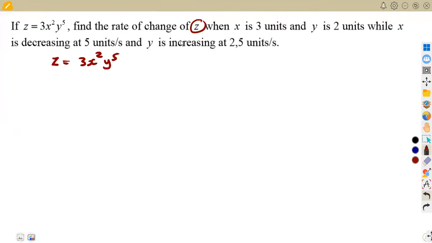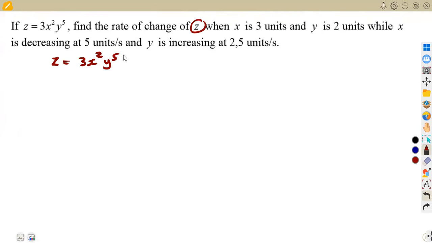Whenever I talk about the rate of change, it must be a rate of change with respect to something. We talked about the rate of change in our N5, which is a little bit different from this one that we are going to have now. So these are applications of our partial derivatives, the one that we've been talking about.